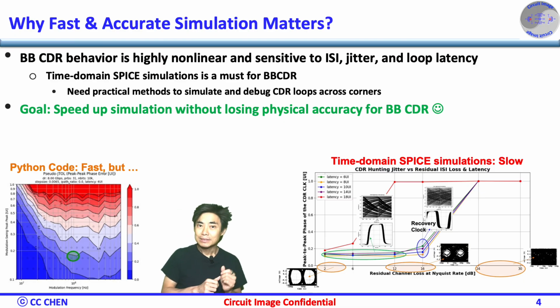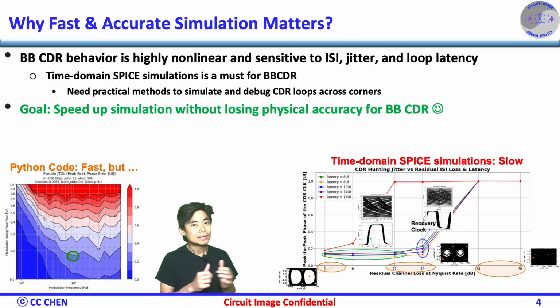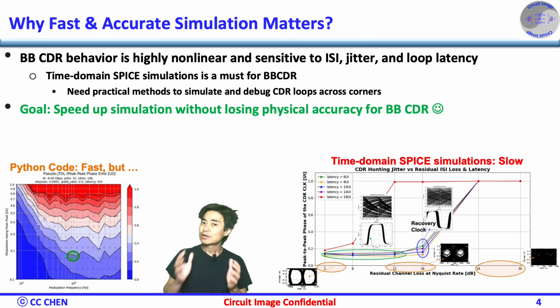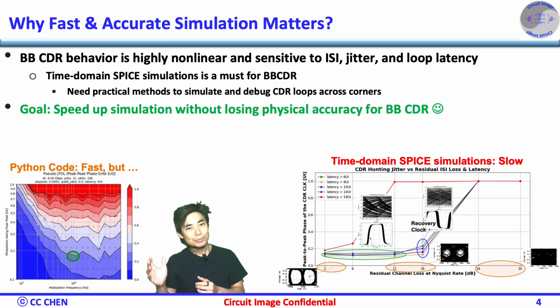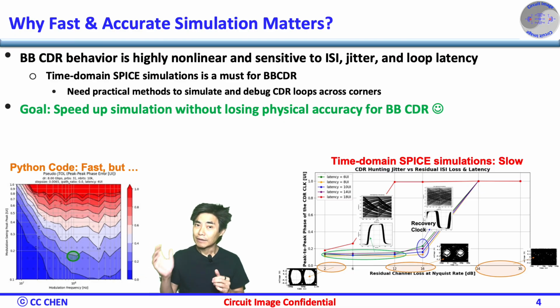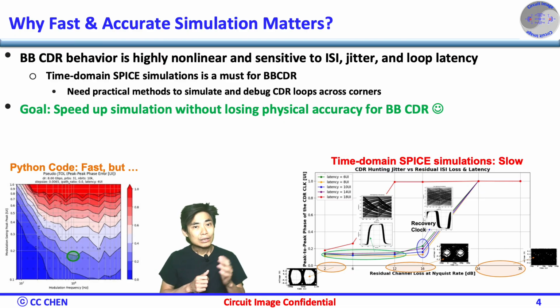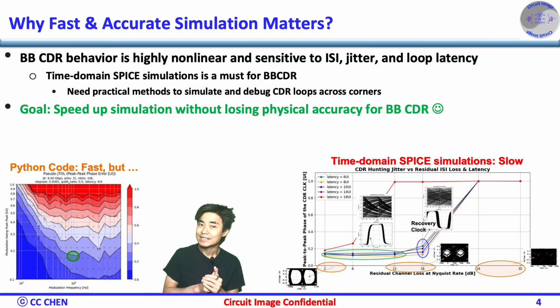Now, bang-bang CDRs are highly nonlinear. They are very sensitive to jitter, ISI, and loop latency. So if we want to understand real behavior, especially under stress, we need SPICE-level accuracy. Python simulations are helpful, like the jitter maps on the left, but they don't reflect how the real clock reacts to ISI and latency.